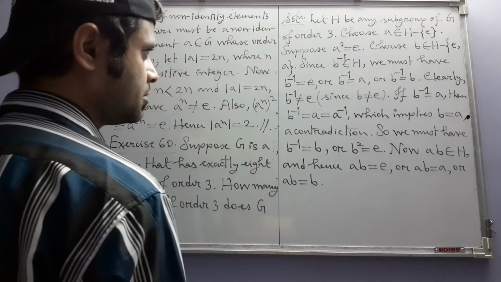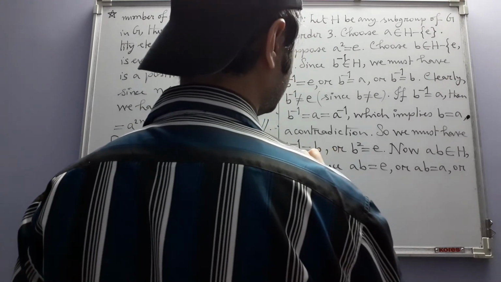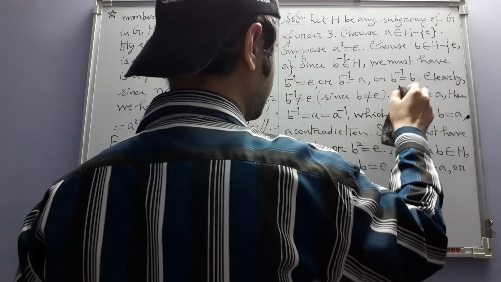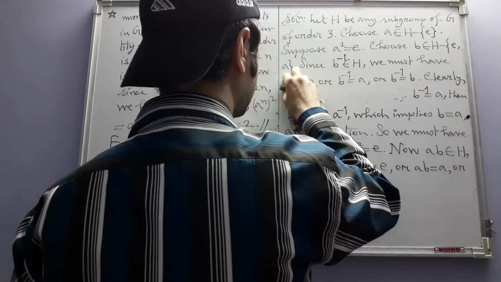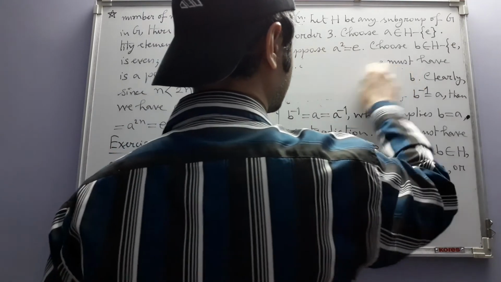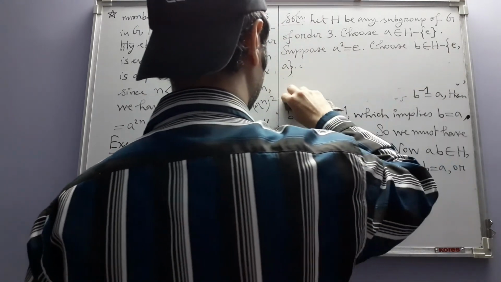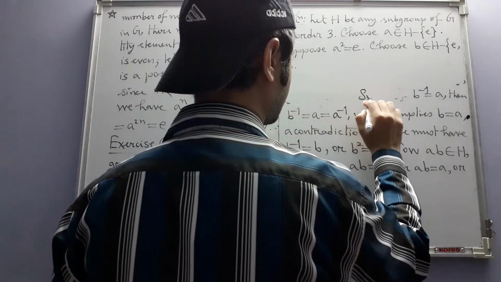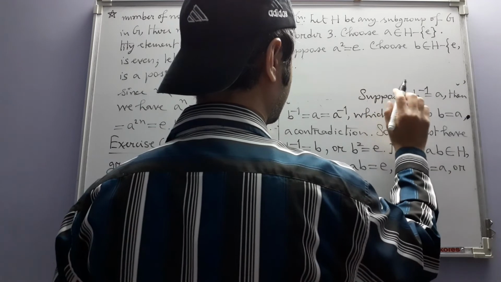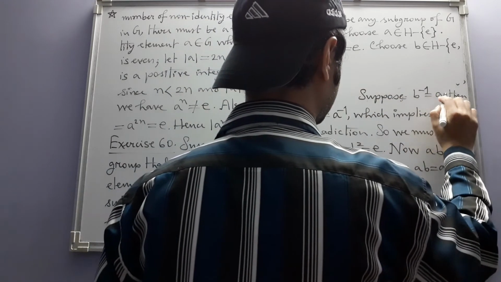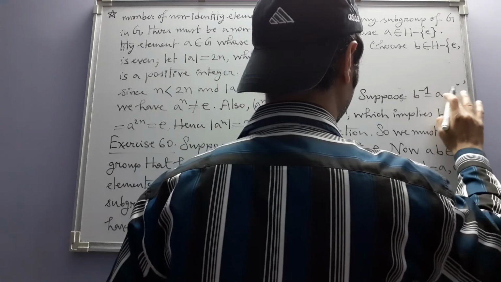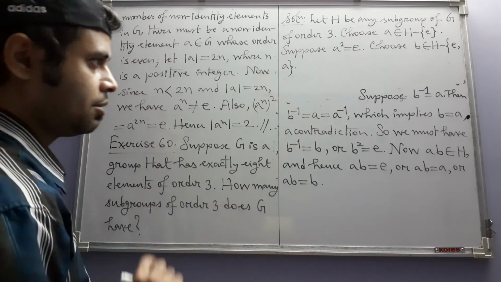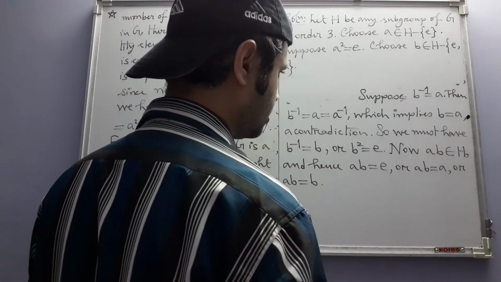instead of these things, after this line we write: suppose B inverse is equal to A, then which implies B is equal to A, contradiction.